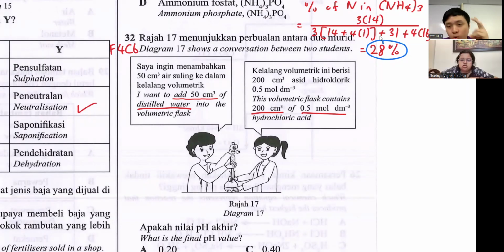But you got two methods, right? One is the weighing method, which normally starts from a solid, then you weigh the mass of the solid. But this one is not a solid. This one is a stock solution, 200 cm³ of 0.5 mol per dm³. So this is the second method, called dilution.